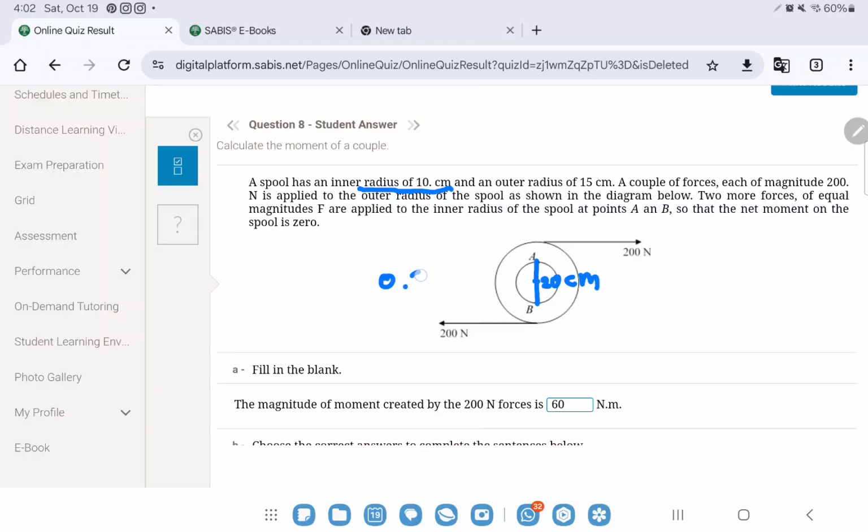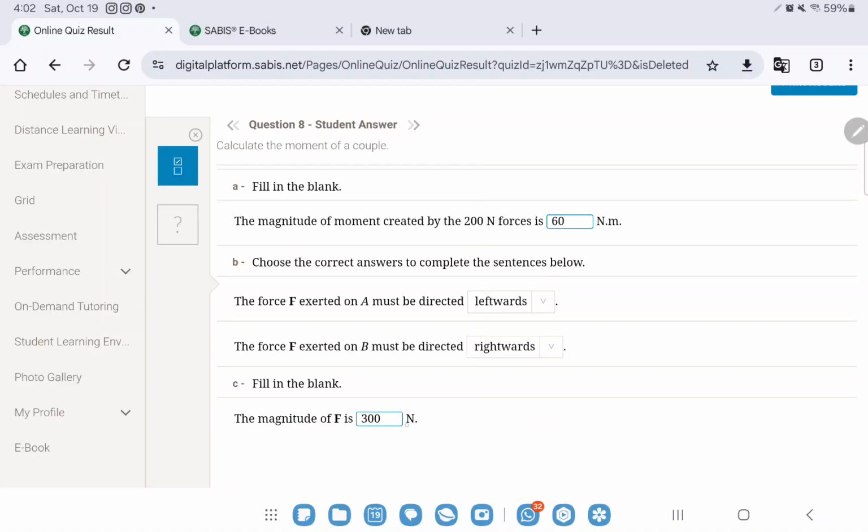So 0.2 meters times a certain force F is going to give you the magnitude of these two forces, because you're trying to cancel this out, 60. So your force is equal to 300. And that's how you get it. It's 300.